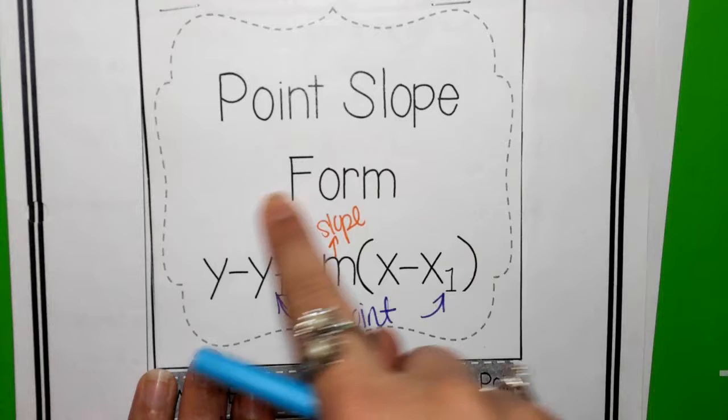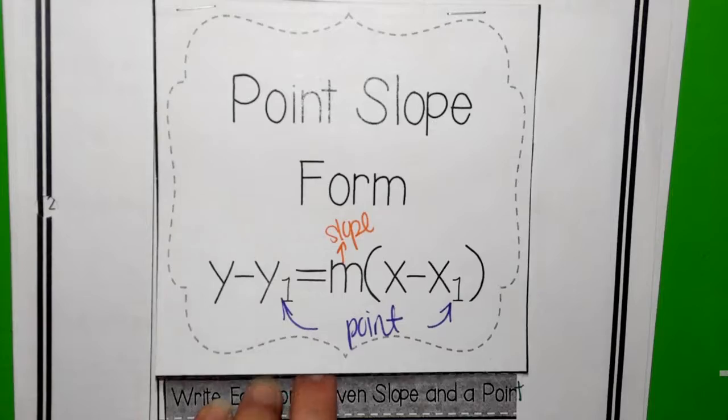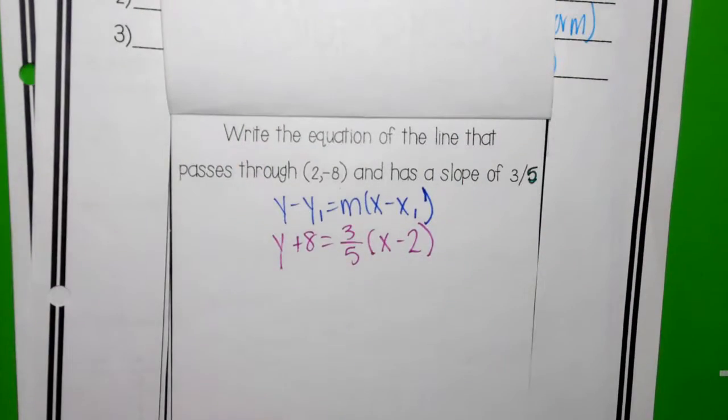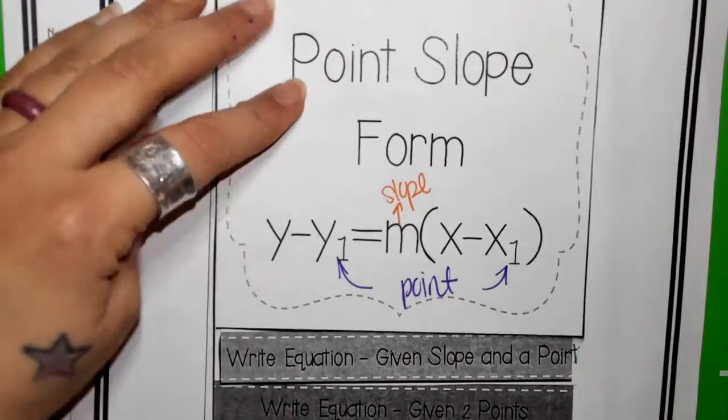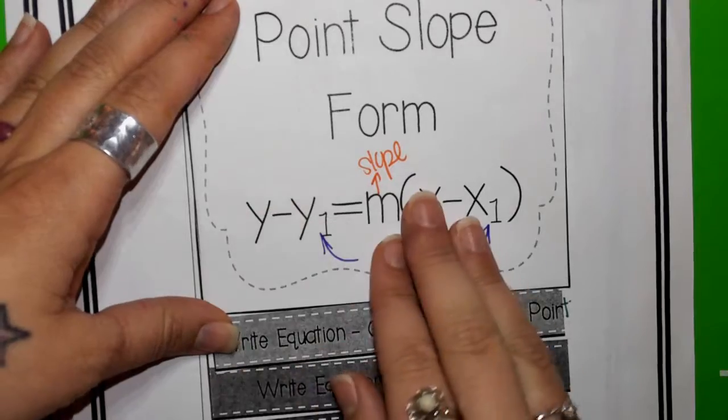Does anybody think they may have seen this formula somewhere else before? We've seen it before. It's the slope formula, and all we did was multiply both sides by x minus x1. So it's the slope formula just rewritten.